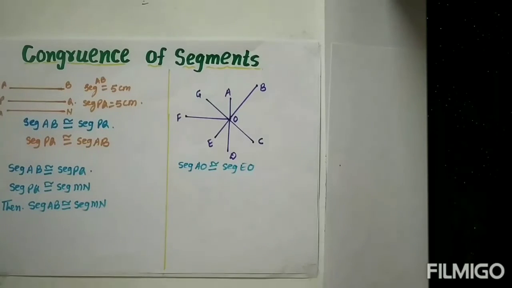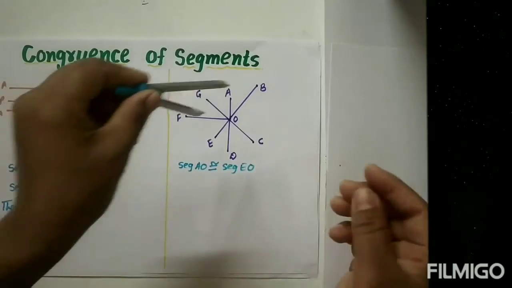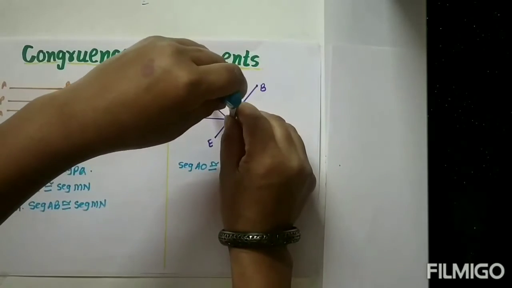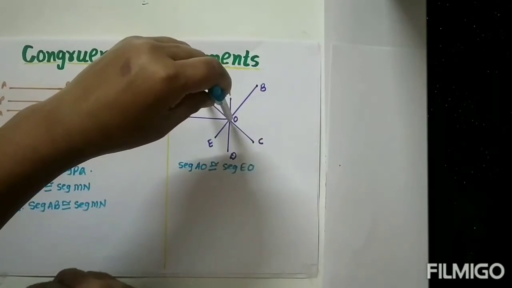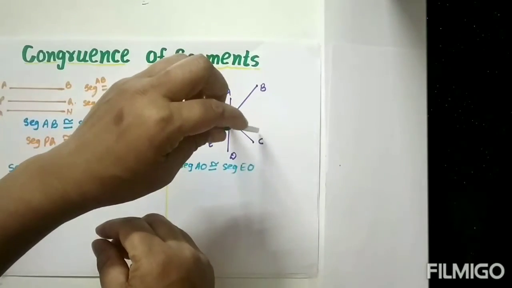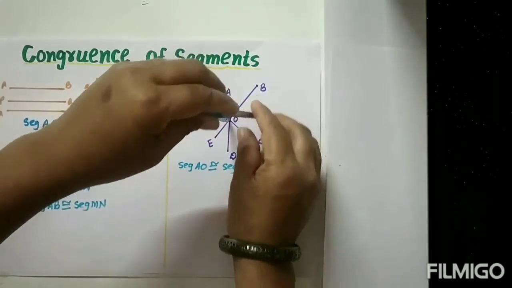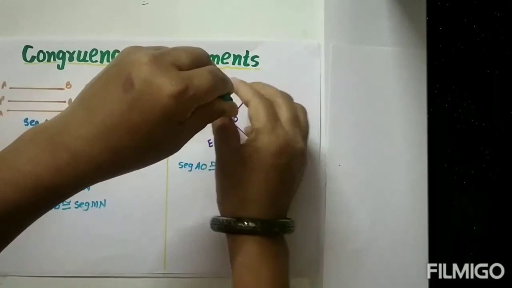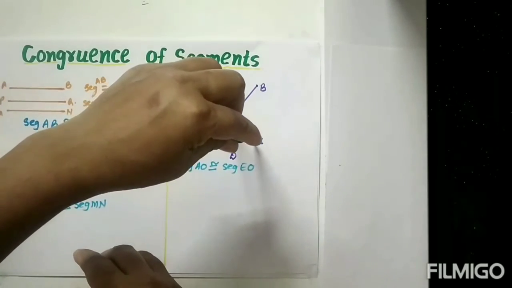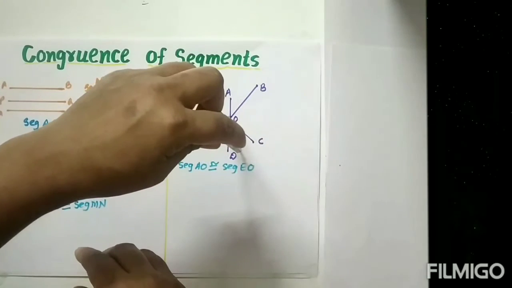Okay, now measure the next segment. Now we'll take segment GO. Compare this length with other segments. This is the GO. Yes, this CO is equal in length.